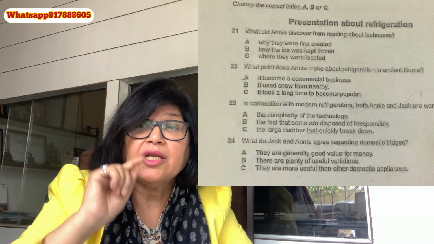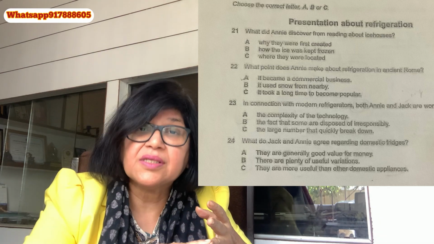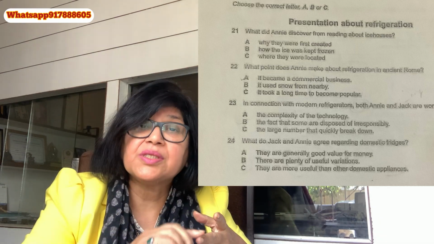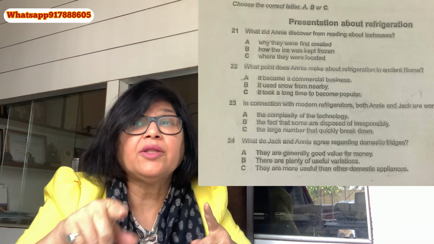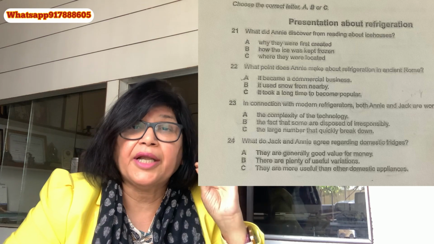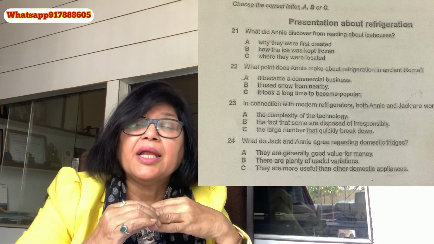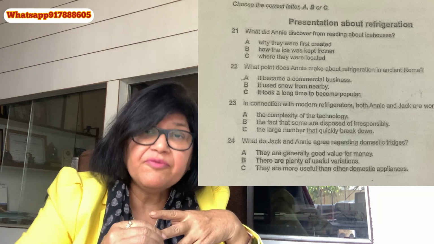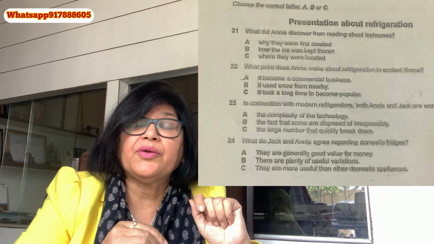Appliances is a noun. So pronouns, adjectives, nouns, verbs. The helping verbs you don't have to pay attention to. You have to pay attention to the pronouns, nouns, adjectives, verbs. Okay? That should be clear to you.